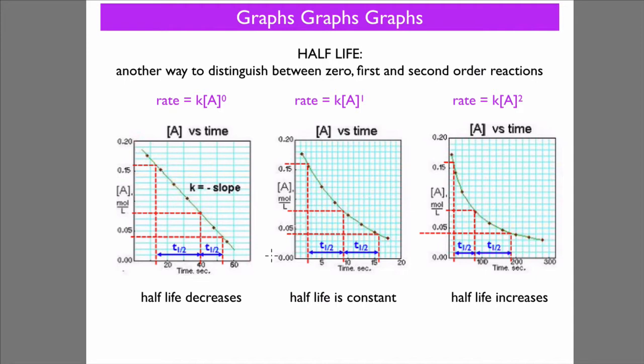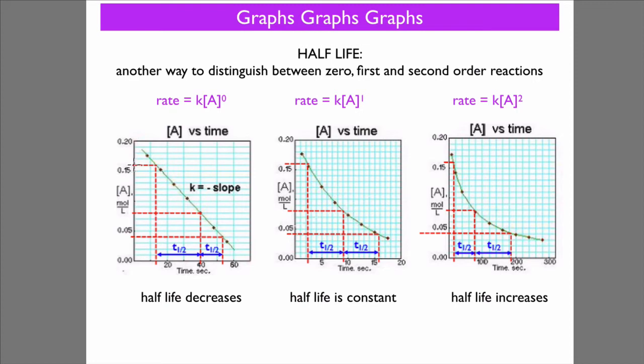Okay, half-life. This is another way to distinguish between zero, first and second order reactions. It's a bit squished, but if you have a look over here, you've got concentration on the y-axis and time on the x-axis. You've got a concentration of 0.16 here at this time. Then you've got a concentration of 0.8 here.